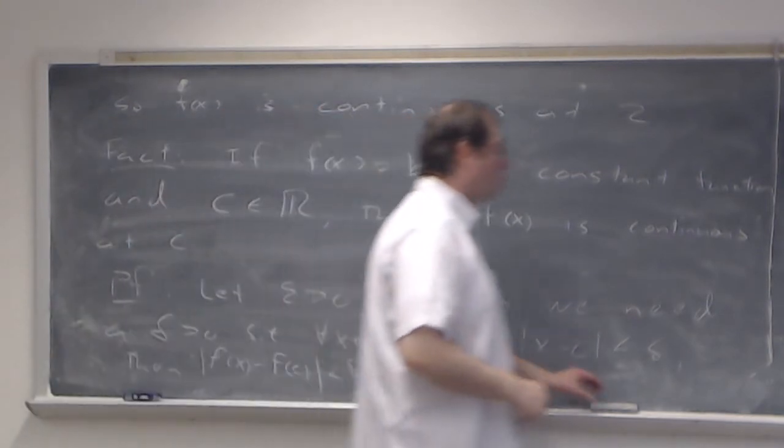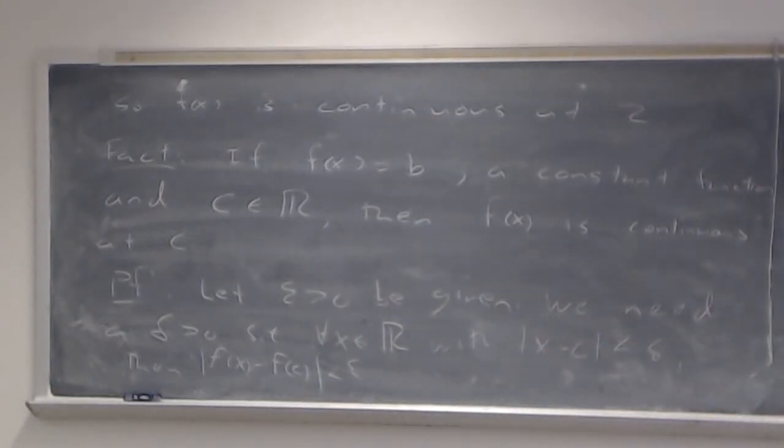So let's concentrate on what we want to have happen and see if we can relate that to what we can control, which is the absolute value of x minus c.